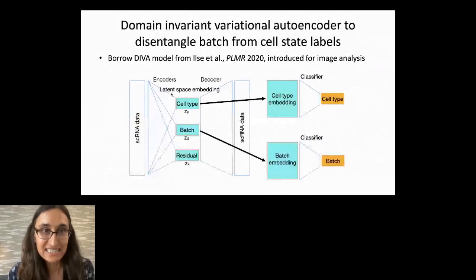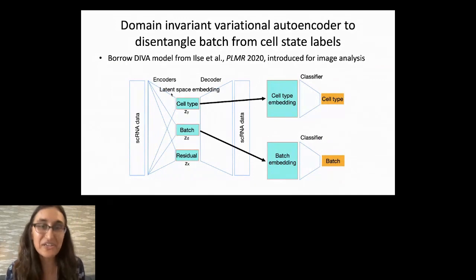Okay, so the idea is that we borrow a domain invariant variational autoencoder model that was first introduced for image analysis.